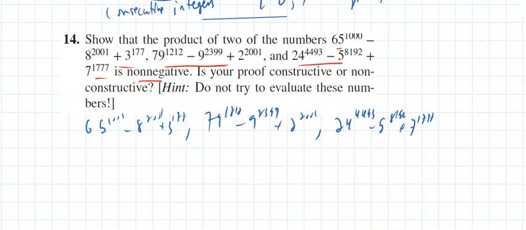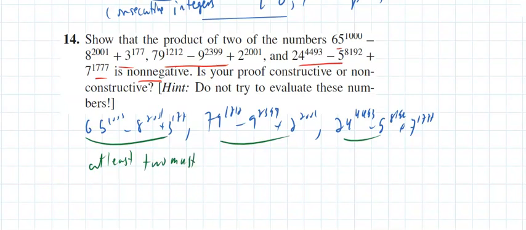Well, let's see. We have three numbers. So we know that at least two of them must have the same sign.